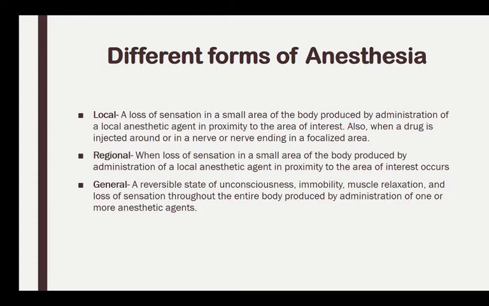For general anesthesia, this is a reversible, should be a reversible, state of unconsciousness, immobility, muscle relaxation, and a general loss of sensation throughout the entire body produced by administration of one or more anesthetic agents, typically more than one. General anesthesia has to do with really shutting down the central nervous system, primarily the brain.